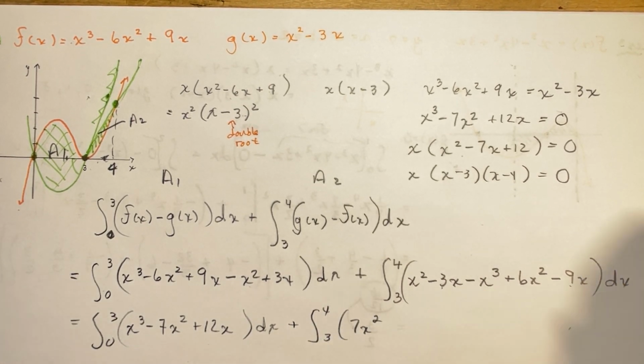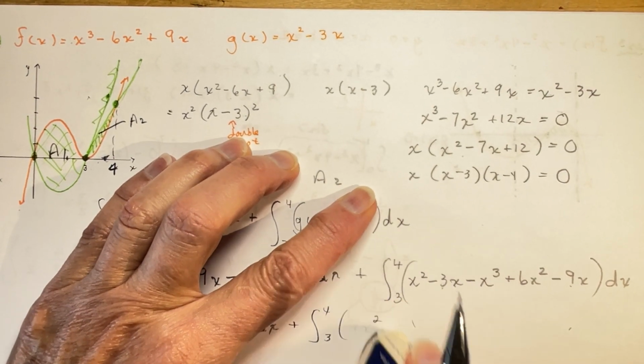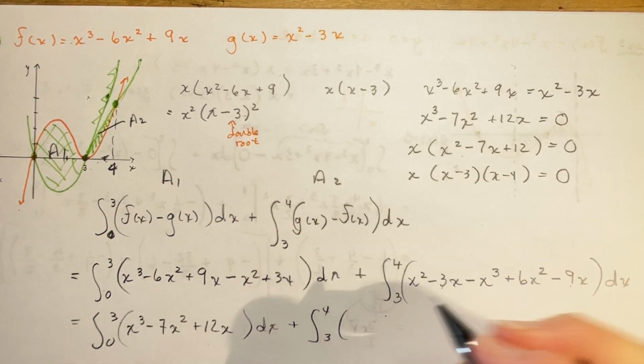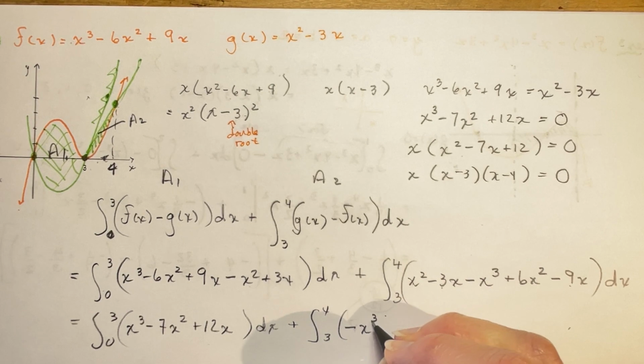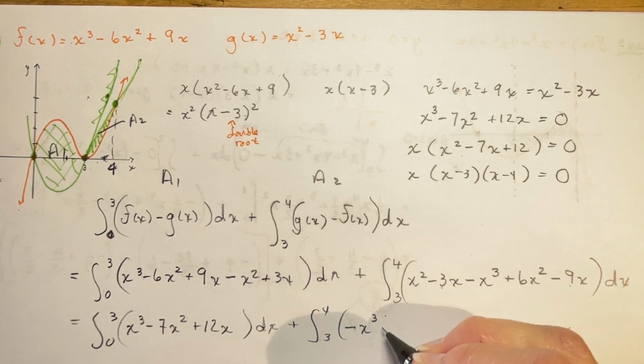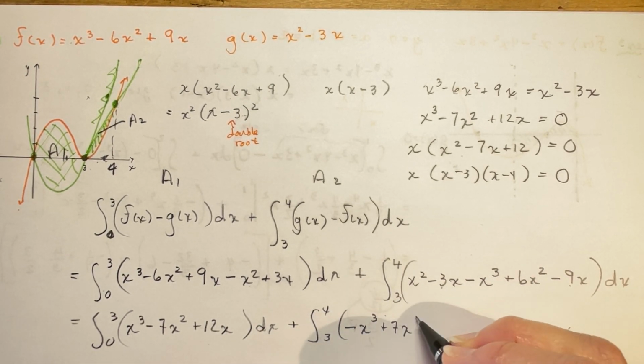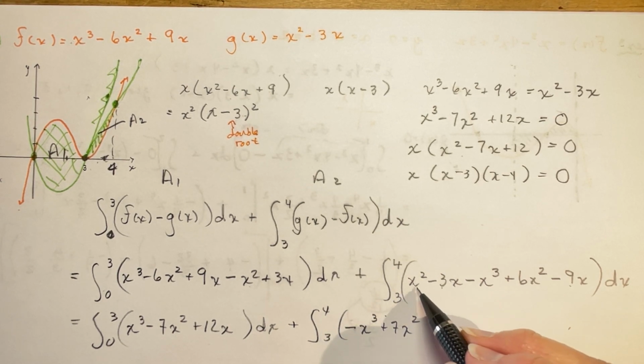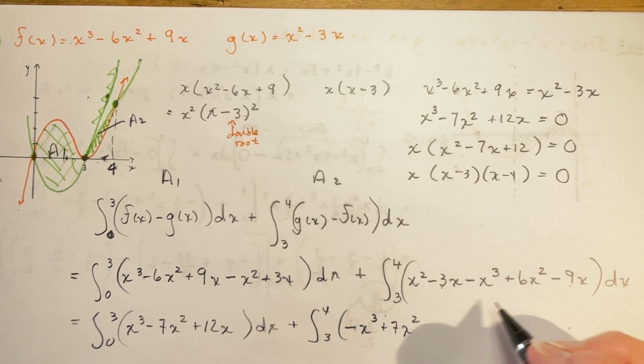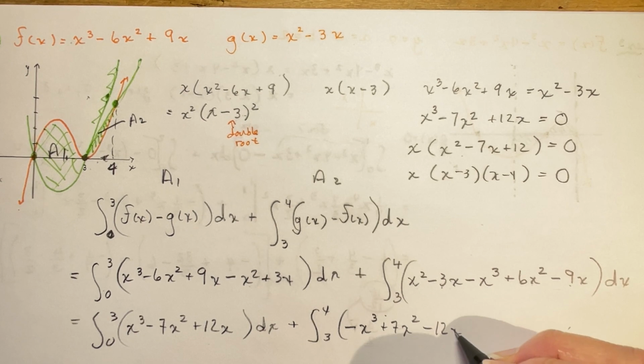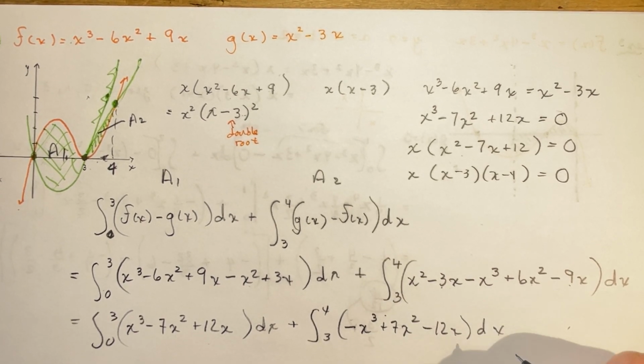Oh, I forgot the cubed first. Should have put that one in first. Missed it. Okay, so I have minus x cubed. And what did I say? Plus 7x squared. x cubed plus 7x squared minus 12x dx. Okay, now we're all set.